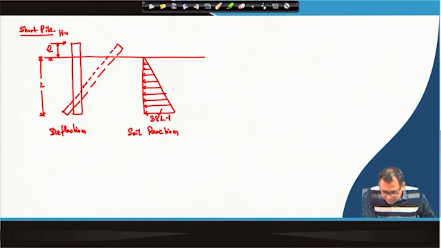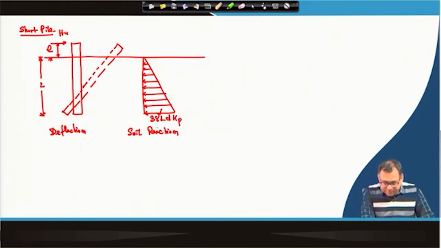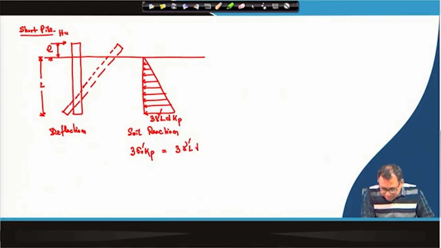If I multiply it with d, it will be kilonewton per meter, then into Kp.